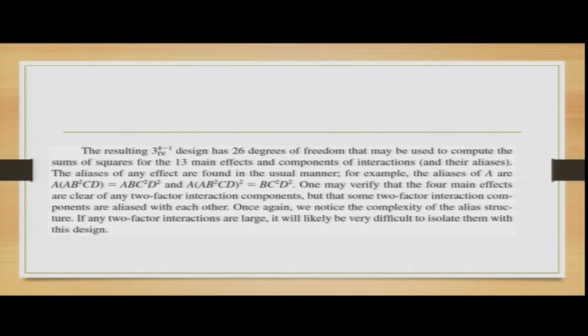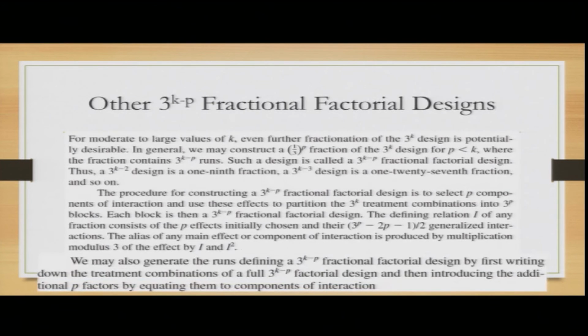One may verify that the 4 main effects are clear of any two-factor interaction component, but that some two-factor interaction components are aliased with each other. Once again, we notice the complexity of the alias structure: if any two-factor interactions are large, it will be very difficult to isolate them with this design and do the calculations accordingly.